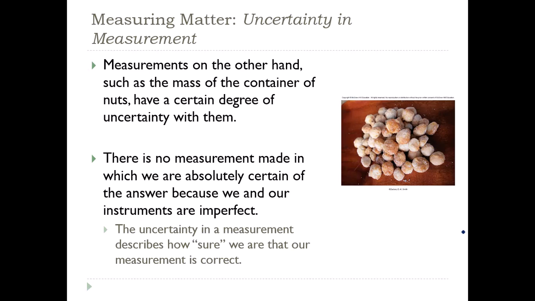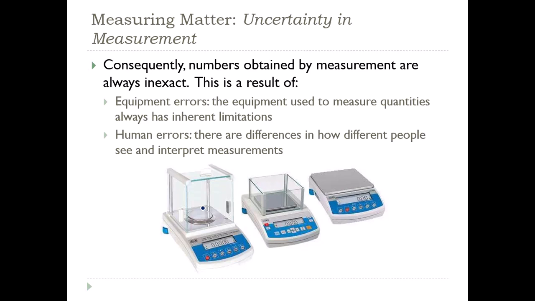And so the uncertainty in a measurement describes how sure we are that our measurement is correct. So consequently, numbers obtained by measurement are always inexact. Underline that. So always inexact.